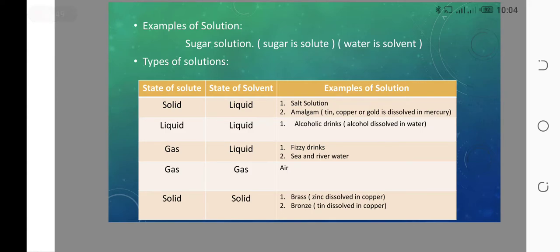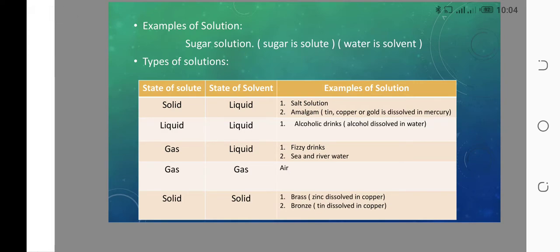Now come towards the third row, that is gas and liquid. Now the solute is in gaseous form, and the solvent is in liquid form. Examples of such solutions are fizzy drinks. All of you are familiar with fizzy drinks. Fizzy drinks can be formed by dissolving carbon dioxide into water.